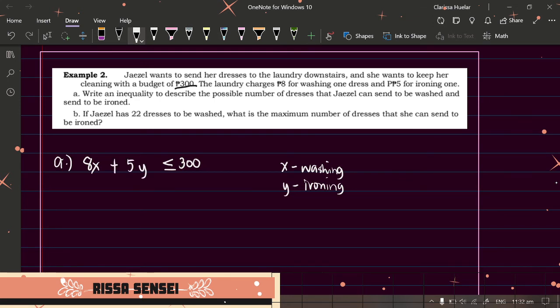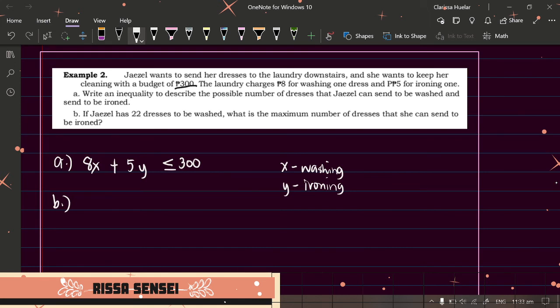So, this is the inequality. Okay? Then, B. Because it is 8 pesos times how many she will wash plus 5 pesos times how many she will iron. It says Giselle wants 22 dresses to be washed.